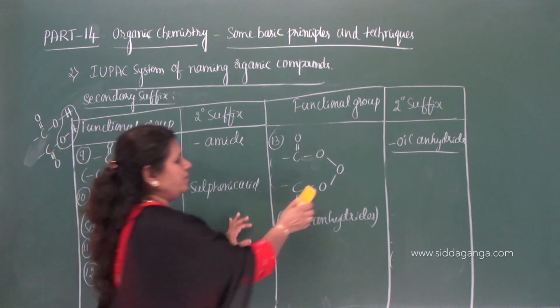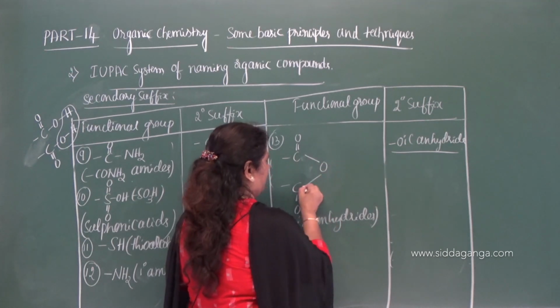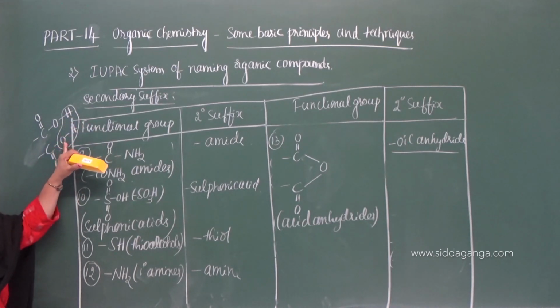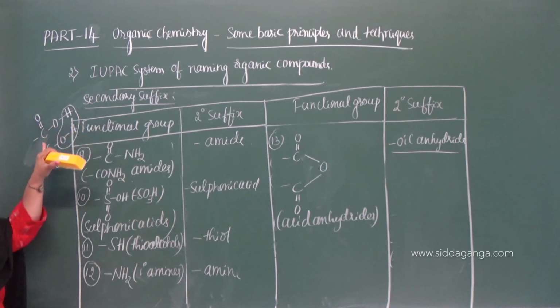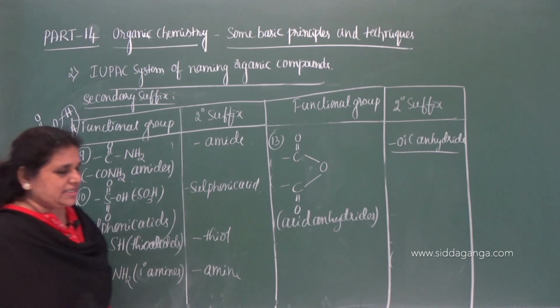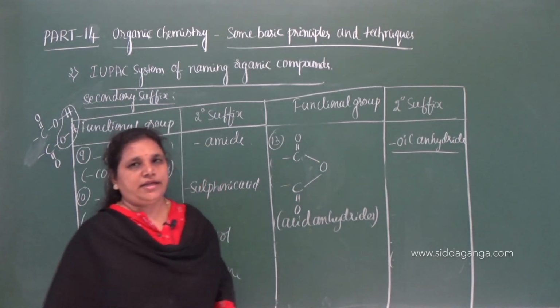Sorry, here one more option I have written, additional COO. So this is the functional group of acid anhydrides, formed by removing one molecule of water from two molecules of carboxylic acids, C double bond O, C double bond O. So this is the functional group of acid anhydride, and the secondary suffix for that is oic anhydride.